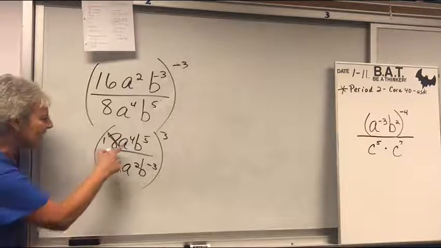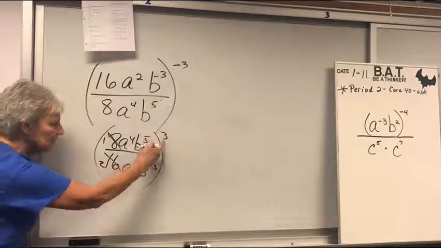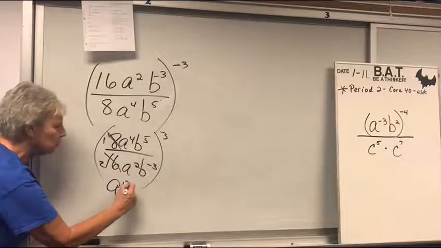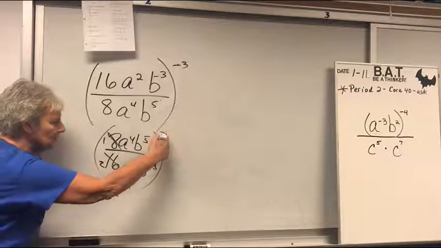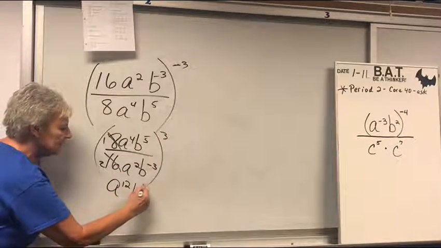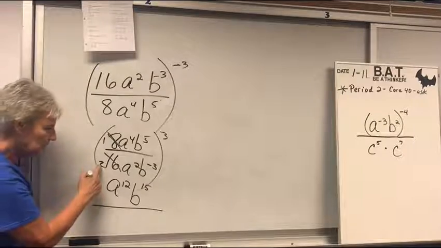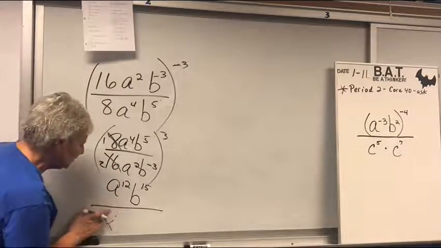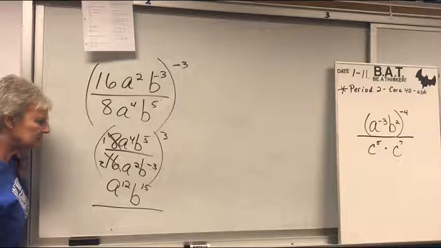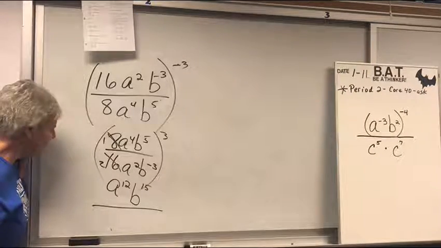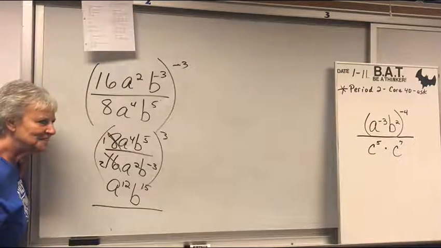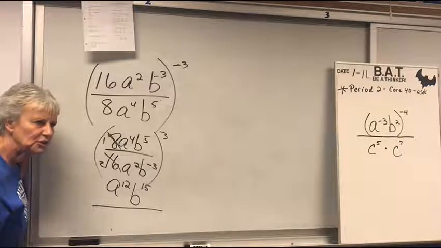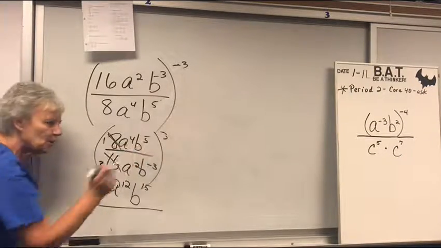All right. Okay. A to the 4th to the 3rd power is A to the 12th. B to the 5th to the 3rd power is B to the 15th. 2. No, it's not 2. Oh, no, it's 8. I just did the mistake I just told you you would do. 2 to the 3rd power.